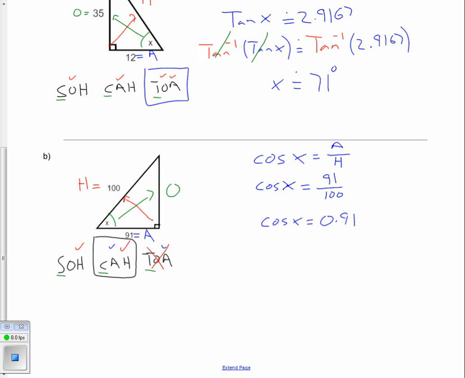Now I've got to get this x term all by itself. Right now the opposite operation of cos is cos inverse. So I'm going to do cos inverse of cos x is equal to cos inverse of 0.91.